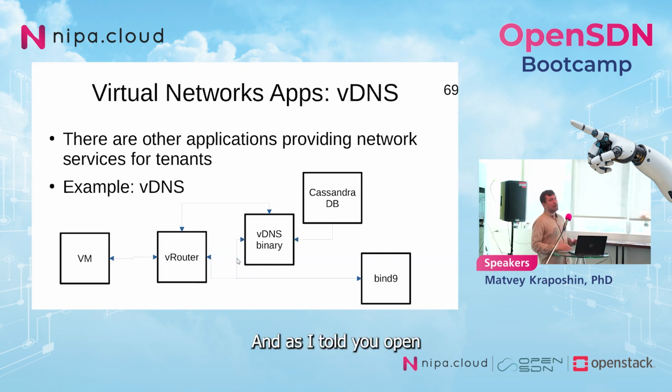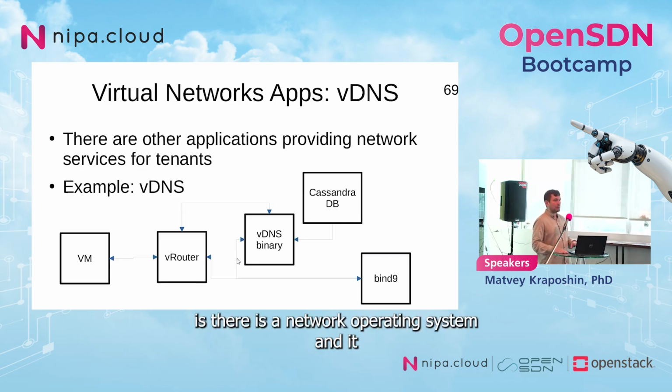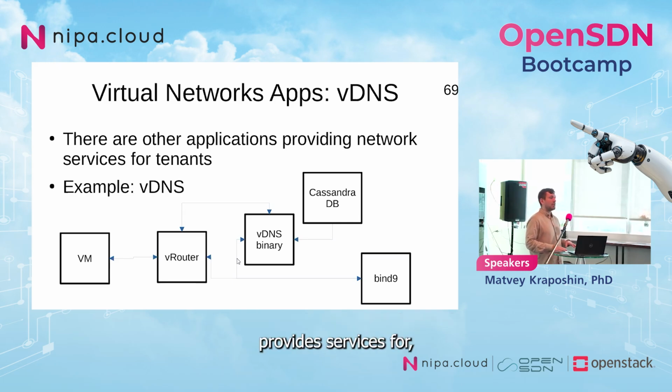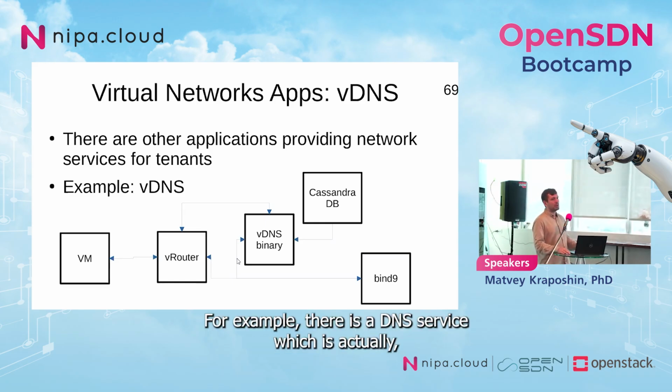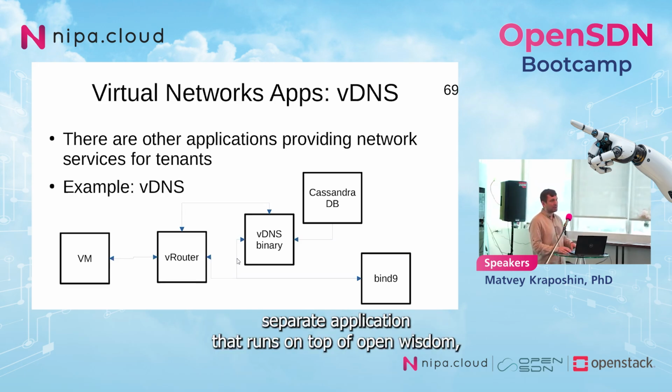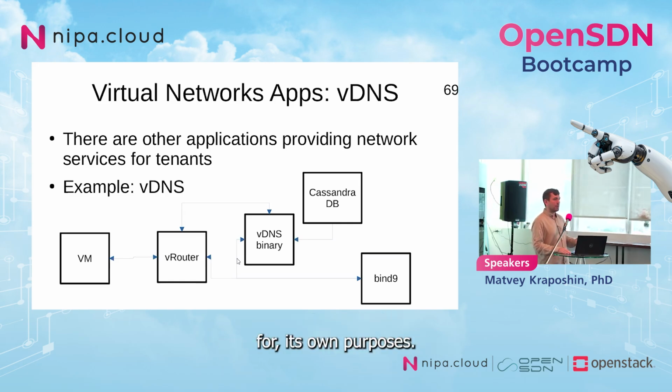And as I told you, OpenSDN is a network operating system, and it provides services for high-level applications. For example, there is a VDNS service, which is actually a separate application that runs on top of OpenSDN, and it uses the Cassandra database for its own purposes.